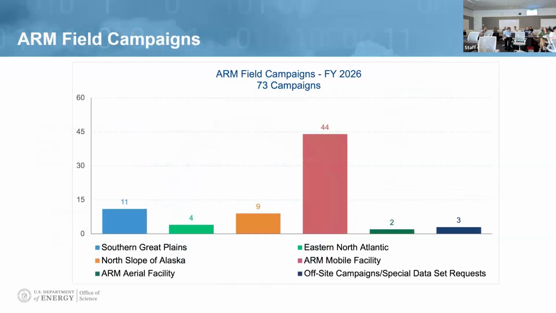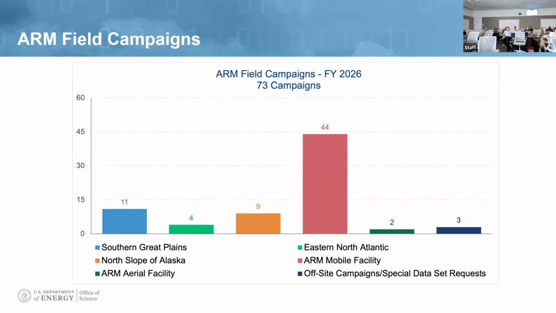Now, speaking of field campaigns, as I said, ARM does a lot of data collection through fixed sites. In essence, there are 3 main fixed sites that ARM has over the US: one around Southern Great Plains, one in Eastern North Atlantic, and one in North Slope of Alaska.